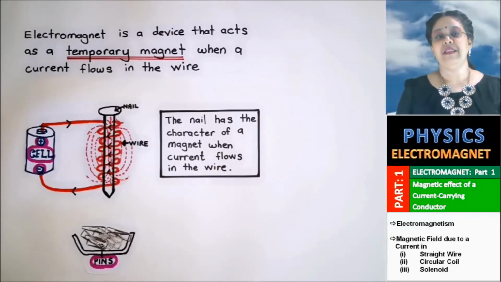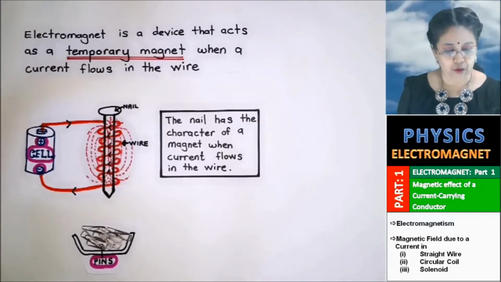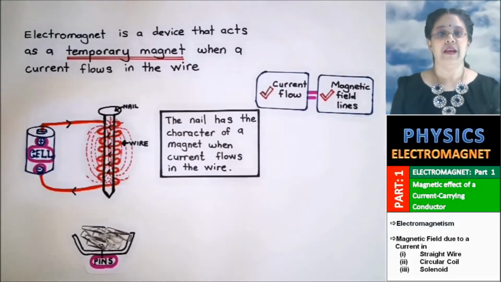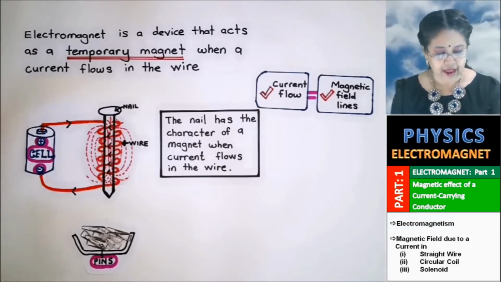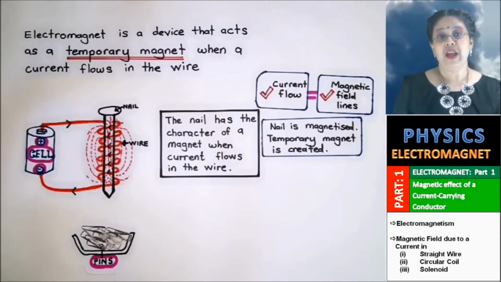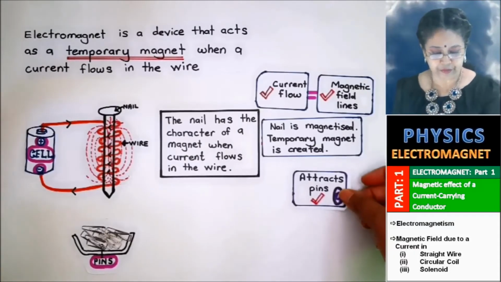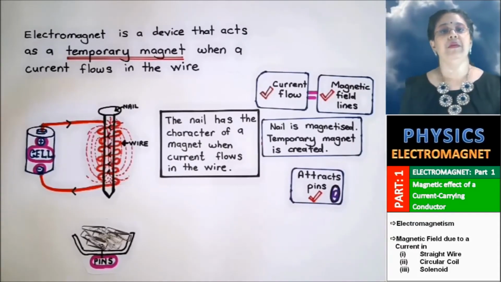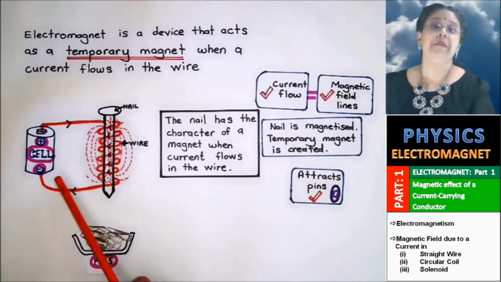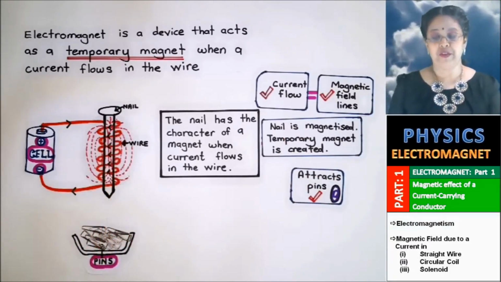Let's simplify this. When there is a current flow, magnetic field lines are created. The nail is magnetized and temporary magnet is created, which attracts the pin. Now, this is what these notes actually represent, what is happening in this illustration.